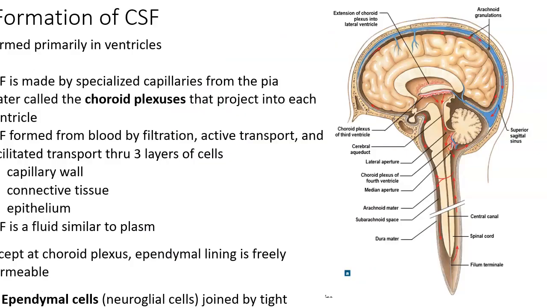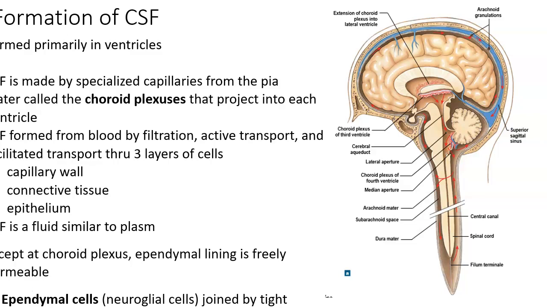So the formation of the cerebrospinal fluid: the cerebrospinal fluid itself is made in all the ventricles of the brain. On the picture on the right, you can see these choroid plexuses, those little red arteries that picture is pointing to in the center of that ventricle.